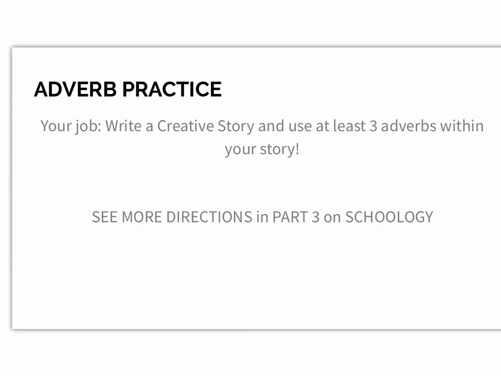Just put it into Schoology for me. Again, your three options: paper, take a picture, do it on the Google Doc if it'll let you, or go ahead and type it in a Schoology message to send to me. If you do the picture thing, because you do it on paper, send that to me in a Schoology message. Okay? Again, the directions will also be in part 3 of Schoology.